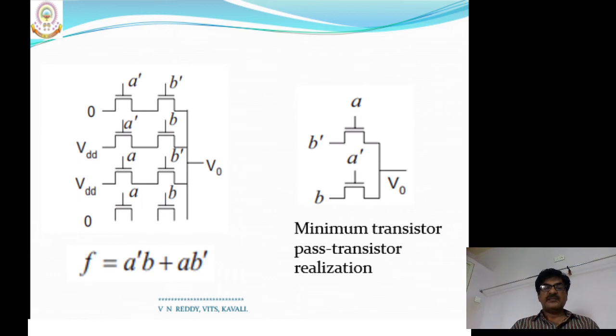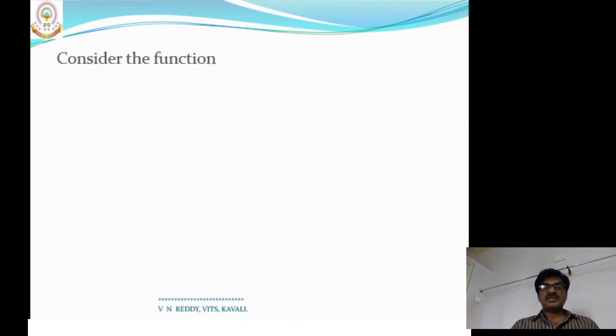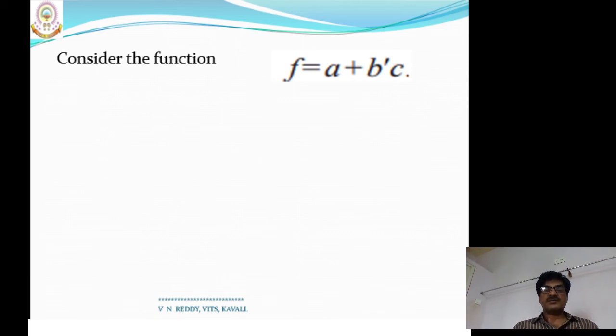Now let us see, suppose the function is given as f equal to a plus b dash c. To realize this function using pass transistors, you can expand it using Shannon's expansion principle.